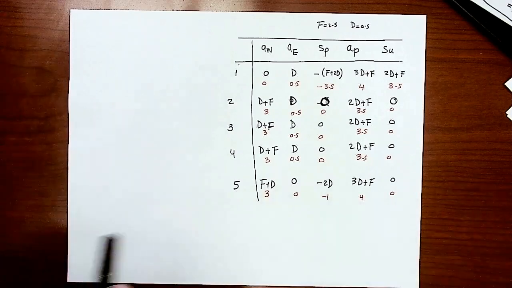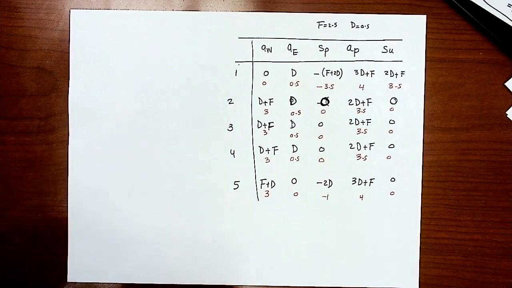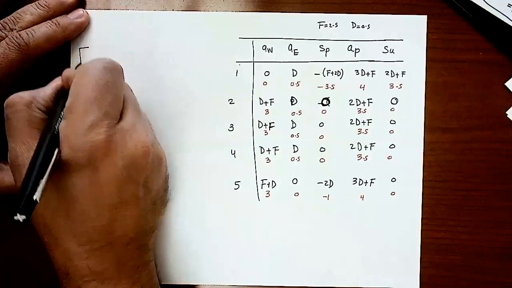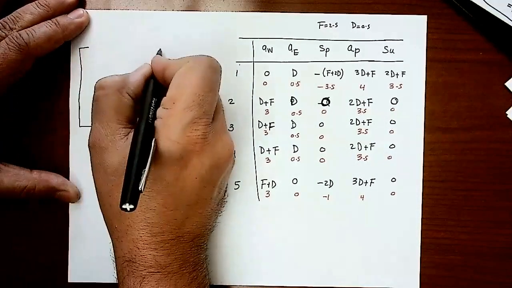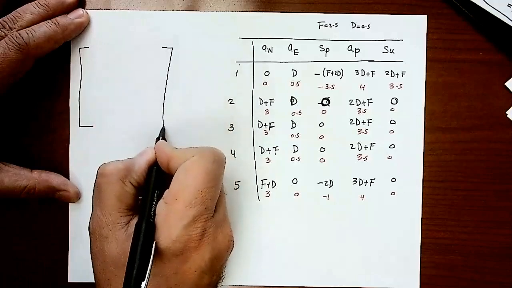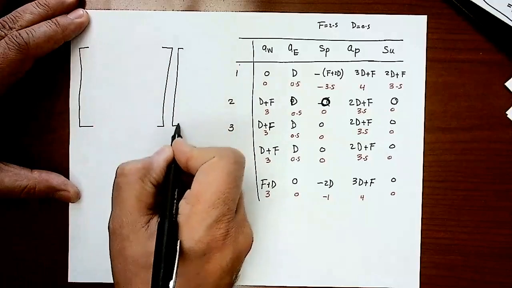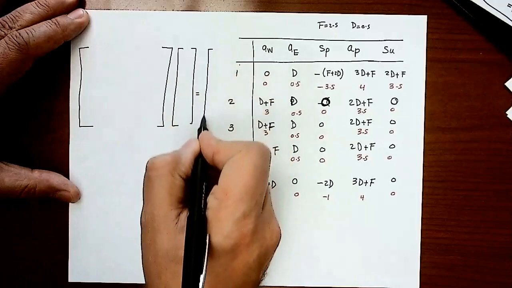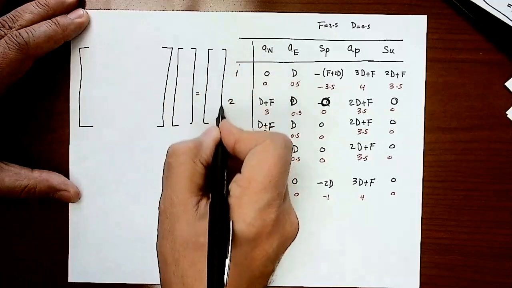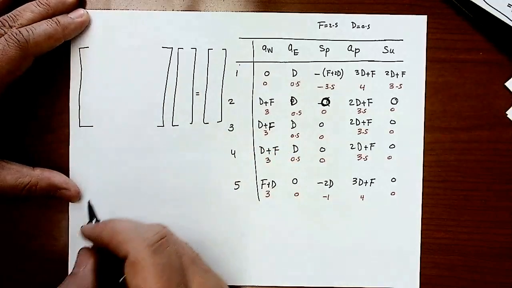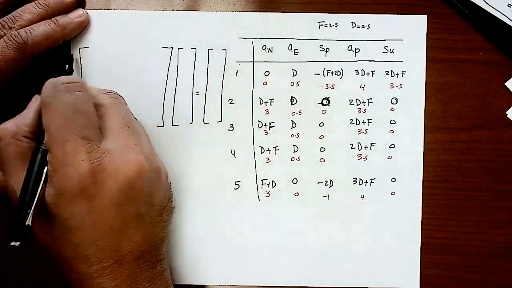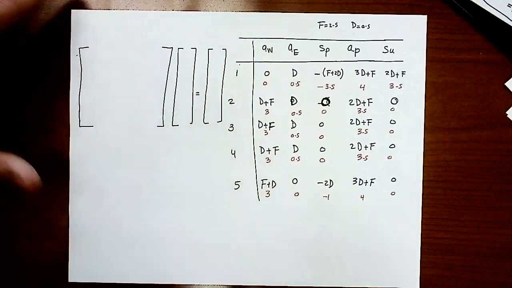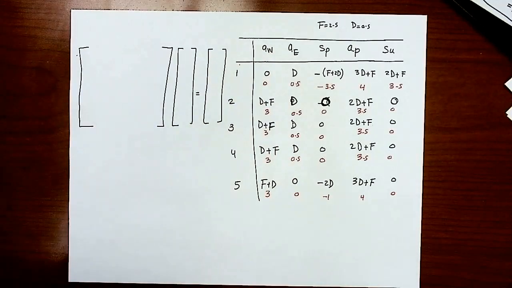Okay, let's build the coefficient matrix. Let me use a lighter color a little bit.